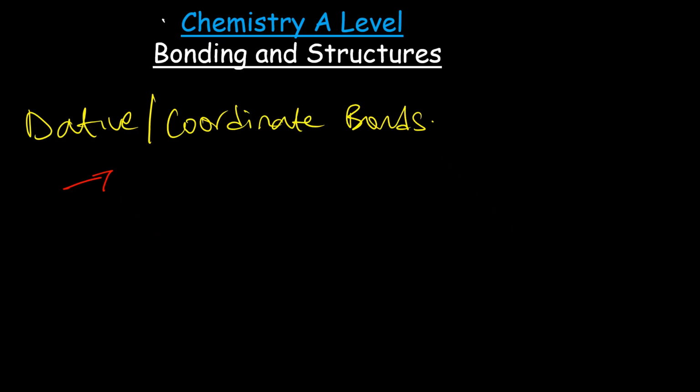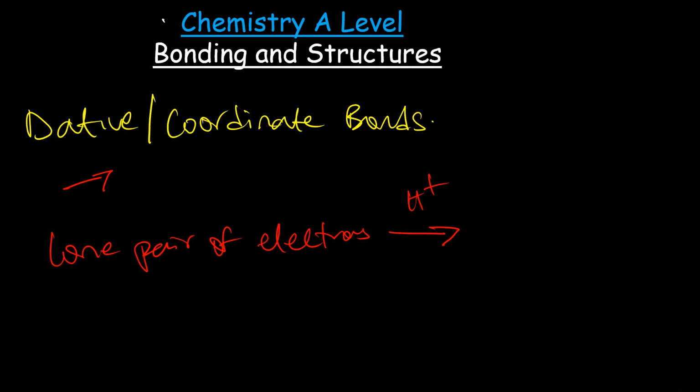Ammonia actually has a lone pair of electrons, and this lone pair of electrons can form a dative bond when it reacts with a hydrogen ion. Okay, when combined with a hydrogen ion, it forms an ammonium ion.